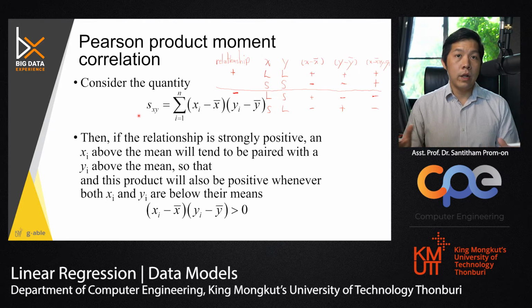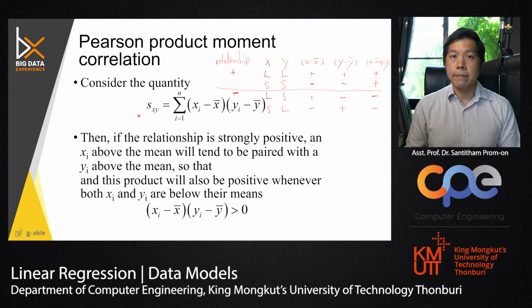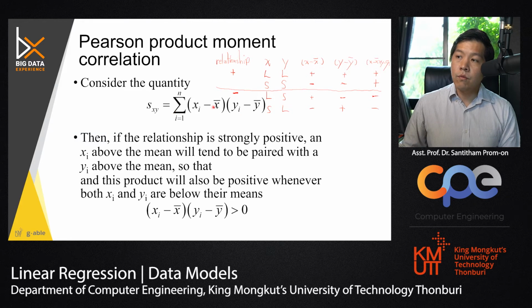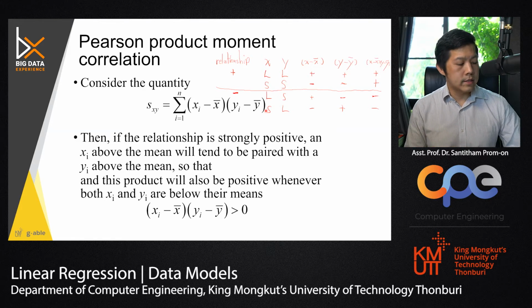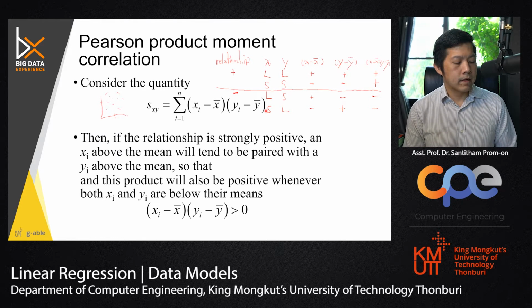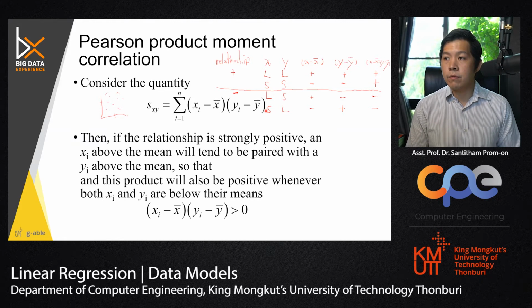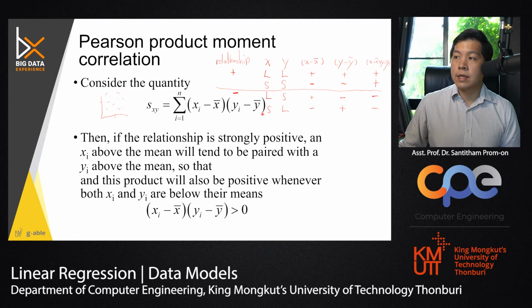If there is no relationship between them, what would happen? Then some would be positive, some would be negative. When you sum all the data together, let's think about it this way. If there is no relationship between them, and you assess the values compared to the mean of each, then you see that they would cancel themselves out, because some would be positive, some would be negative.